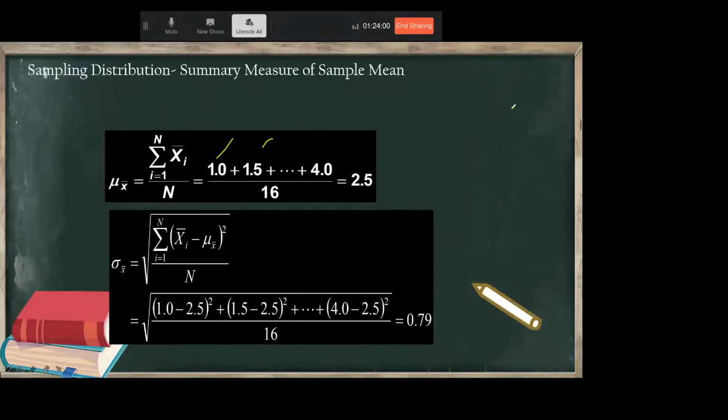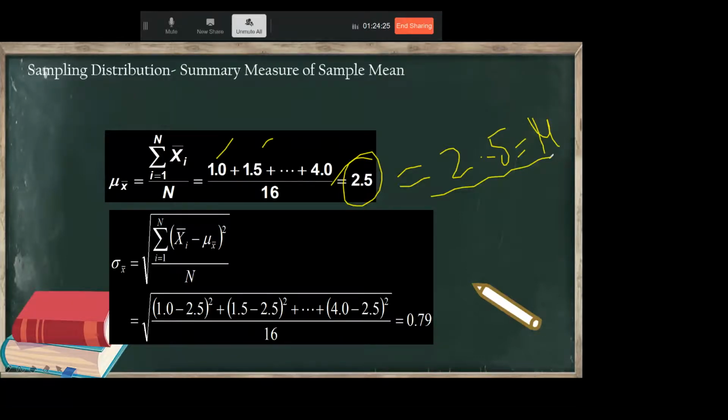I mean, you can solve it by yourself, and what will you get? You will get 2.5. Now remember, the population mean was also 2.5, right? So this means there is no difference between the population mean and the sampling mean, I mean the mean of a sampling mean.